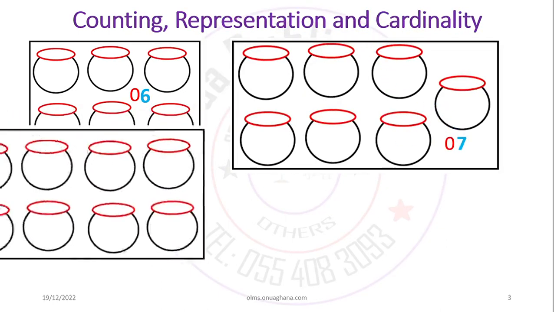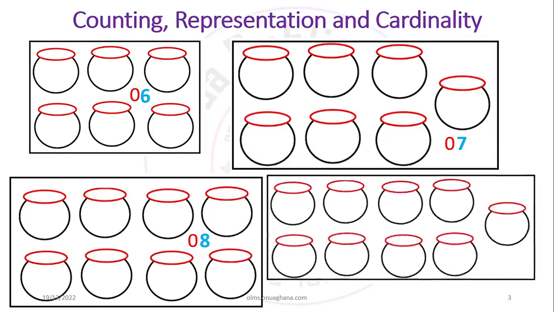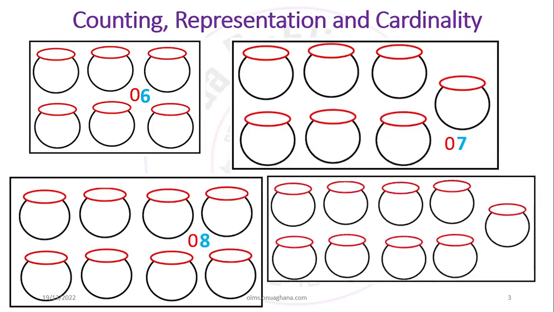Here we are going to have 0 groups of 10 and the remainder is 8. Here we are going to have 0 groups of 10 and the remainder is 9.